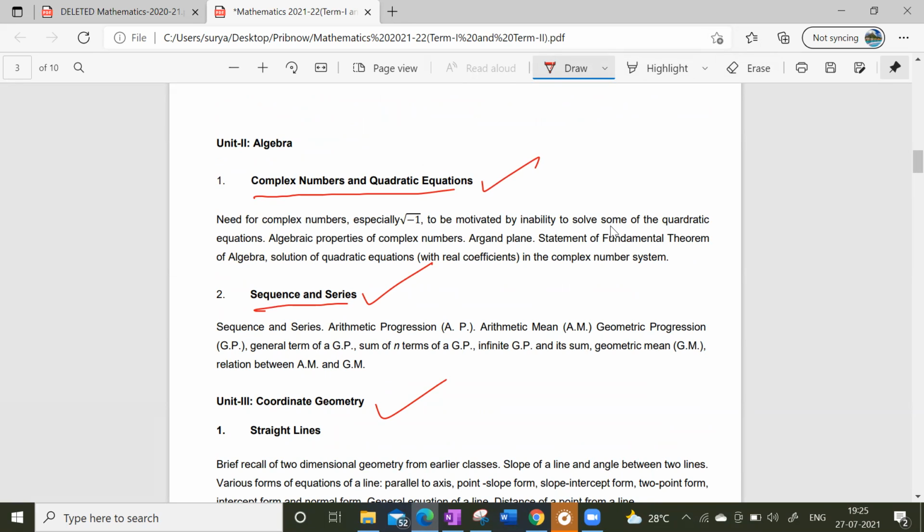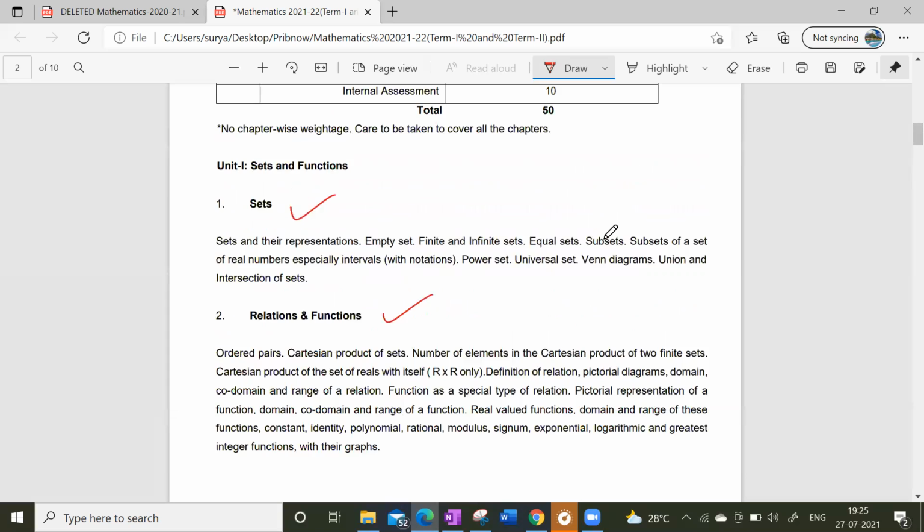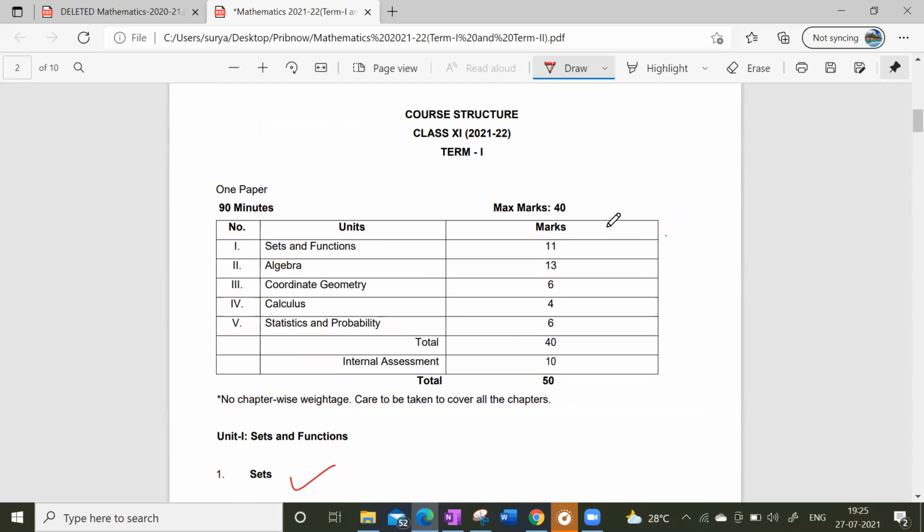Sir, are we keeping the term one exams in November? Yes. Because these are school based, right? No, this is your CBSE board. Yes, school based only. The school will make the paper. Our school normally keeps it earlier, at the end of August, because we're almost done with all these chapters.